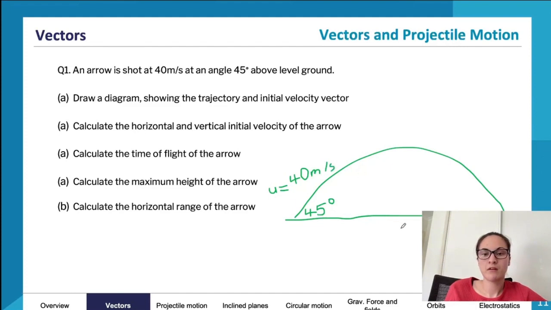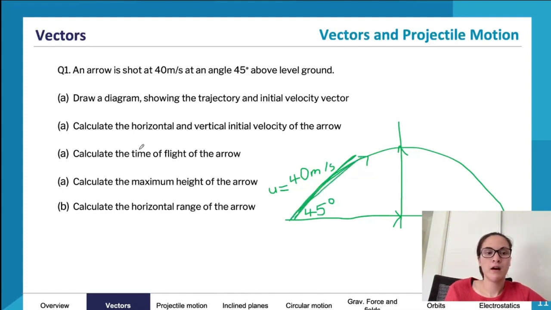And then this is kind of like the halfway point where it starts going the other way. So we've shown the trajectory. Just put in arrows just in case. And the initial velocity vector. So this is the initial velocity vector here, the one that I draw very poorly.